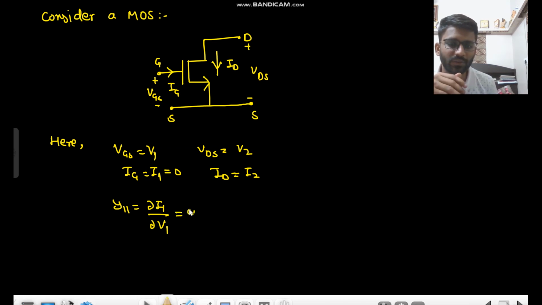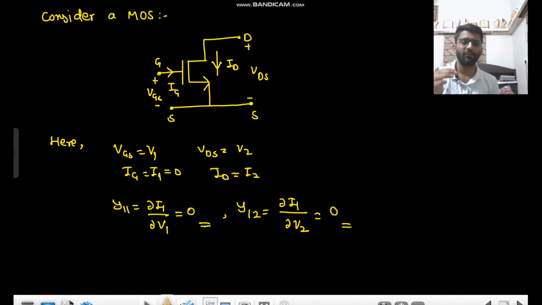So it would be equal to 0. And similarly, what is y12? That is change in I1 current with respect to change in VDS voltage. But there is no current, so there is no point of this. Okay. So for triode and saturation, for both of the regions, this is always 0. Right.